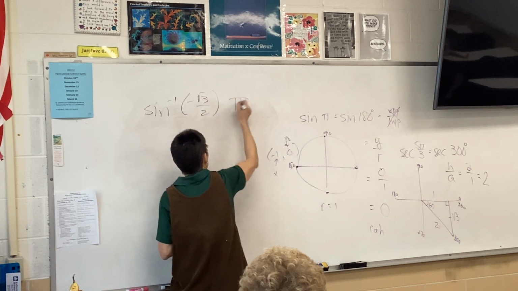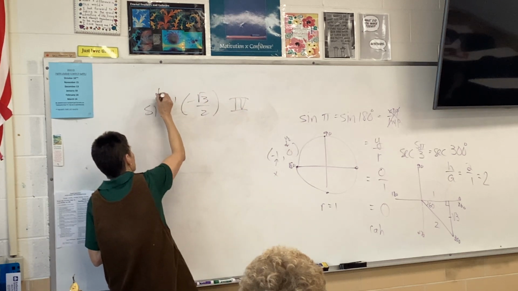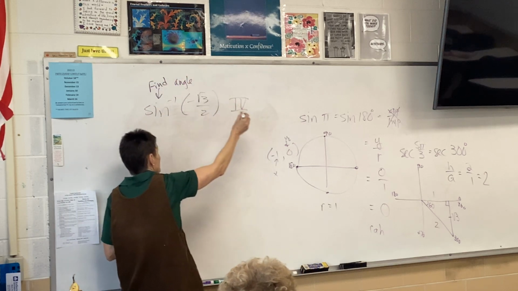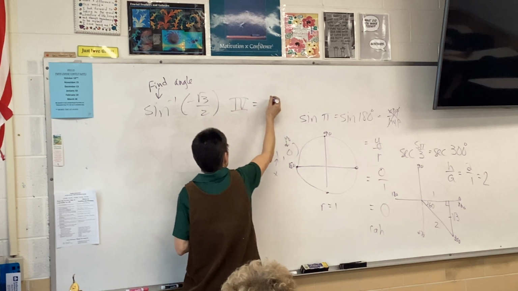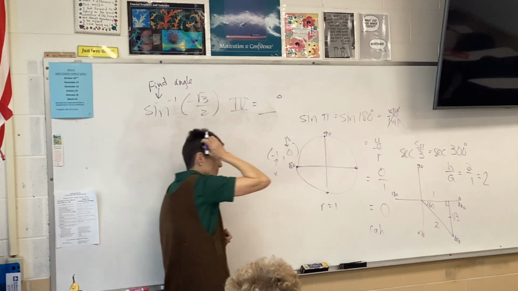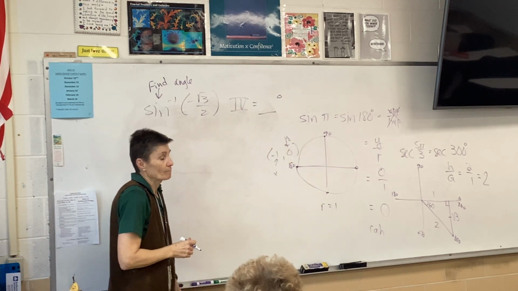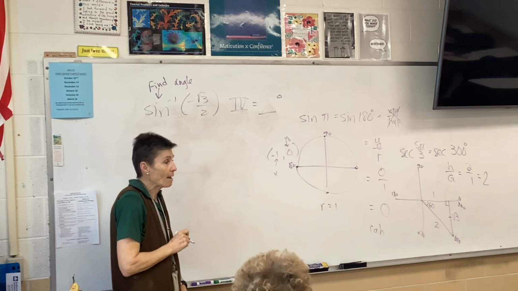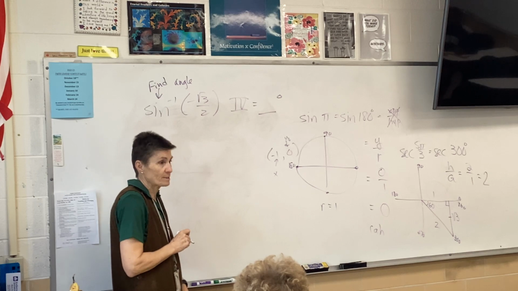This is a quadrant 4, and it means find the angle. Your answer to this question is going to be some degrees. When you see that little inverse notation, that means our answer is some degrees.